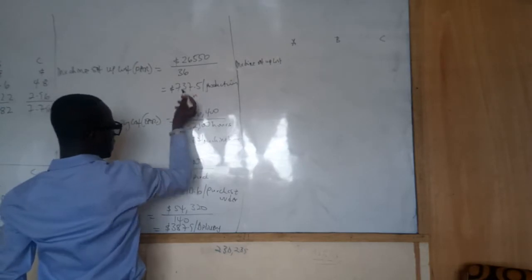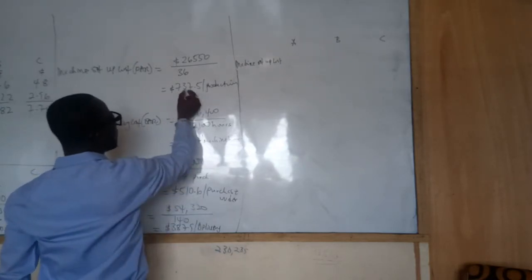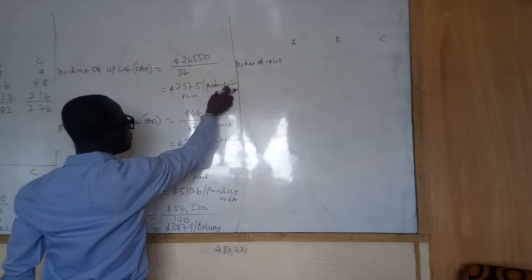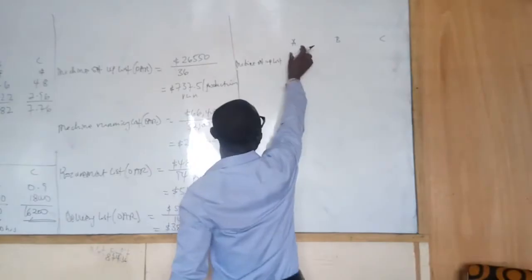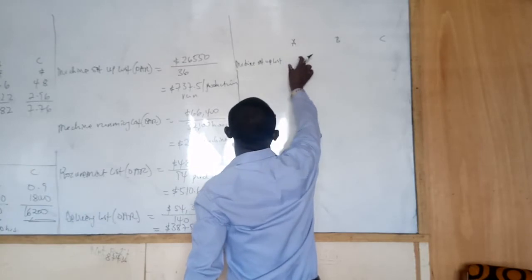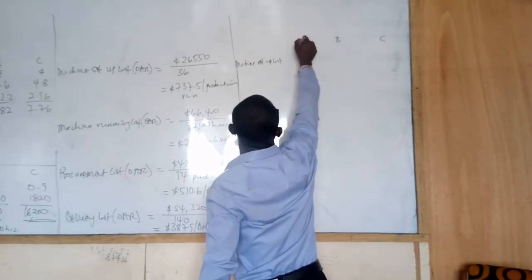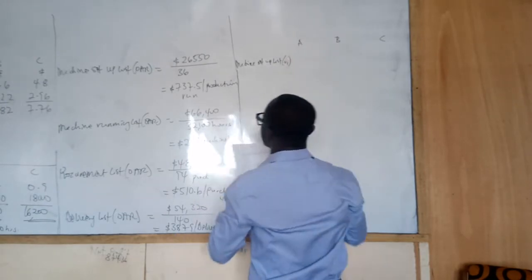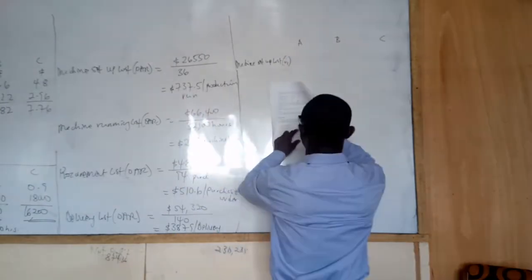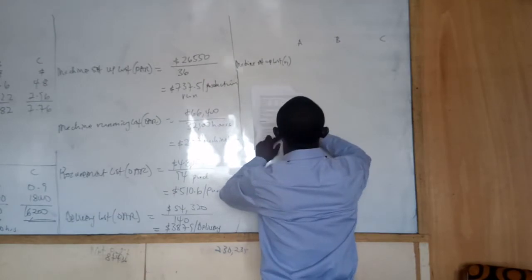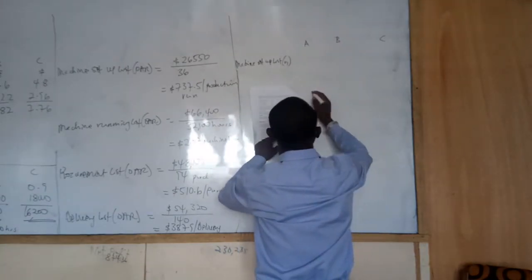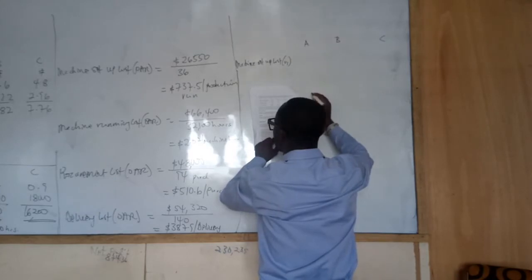273.37.5 per what? Production run. How many production runs did A do? From the question, 16. You multiply this by the 16. What we got?